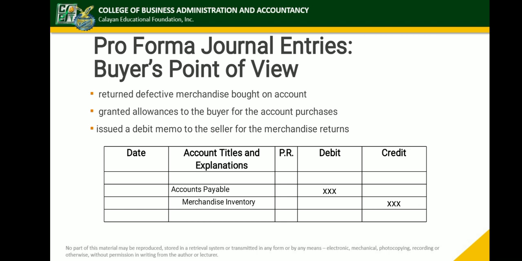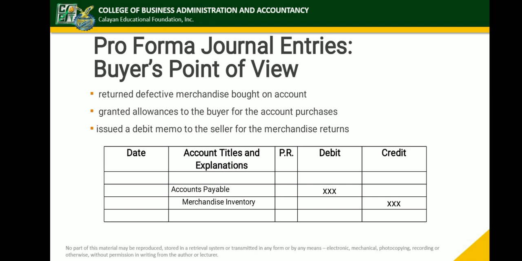Kung yun ay inutang natin nung una at ibabalik natin ngayon, malamang kailangan natin ipakita sa records natin na babawasan natin si utang natin. That's why ide-debit natin si accounts payable and i-credit natin si merchandise inventory. Class, kay periodic, again, ang naka-credit dyan ay purchase returns and allowances. Right? Pero this time, papalitan natin yun ng merchandise inventory.